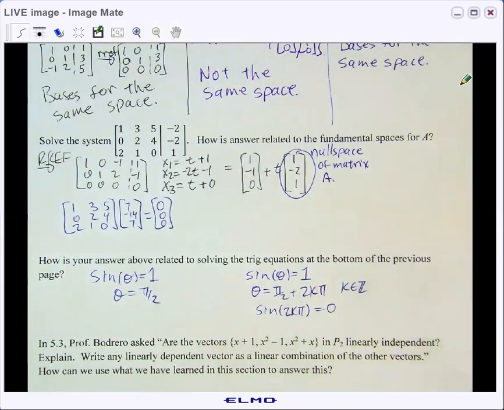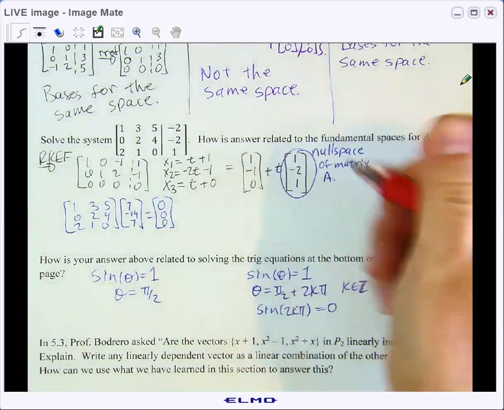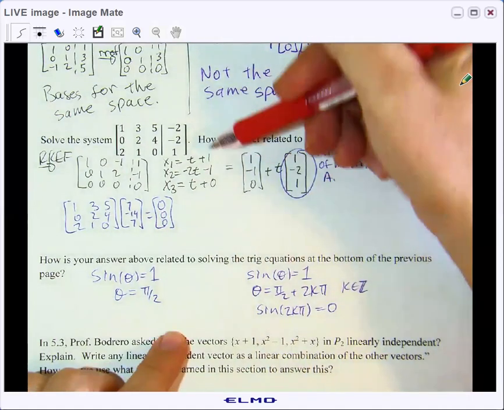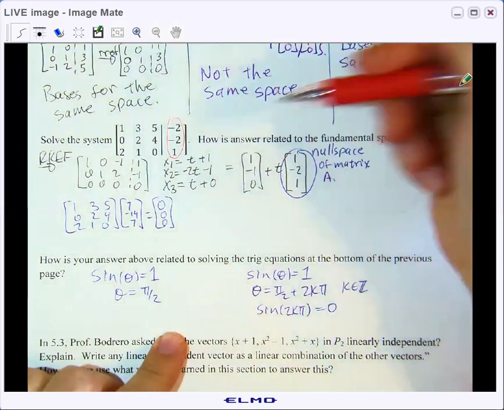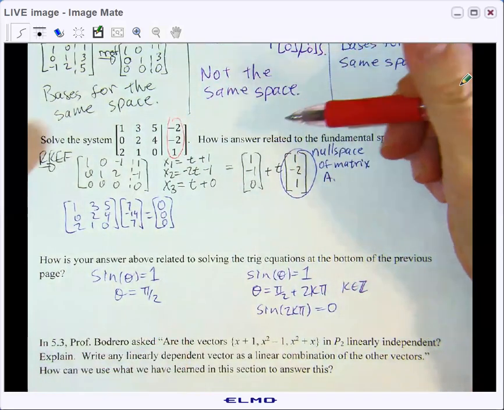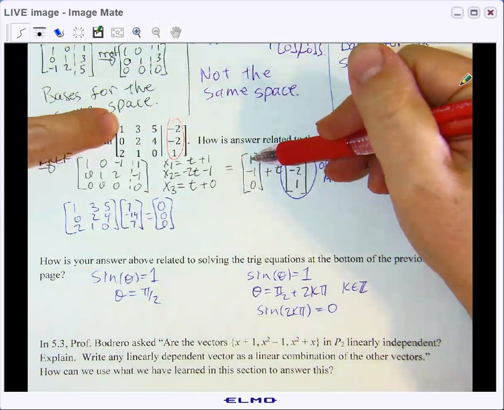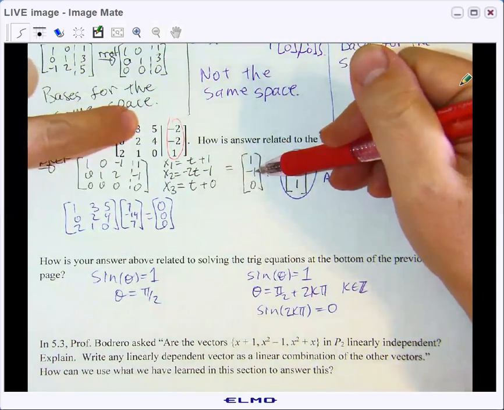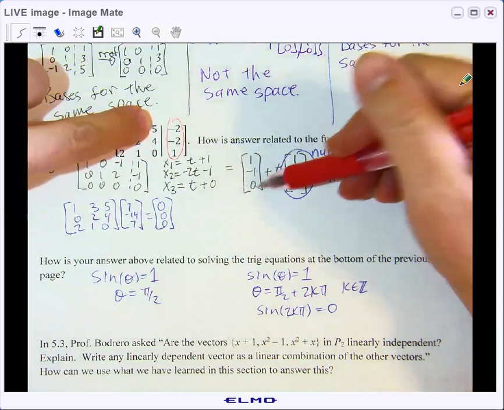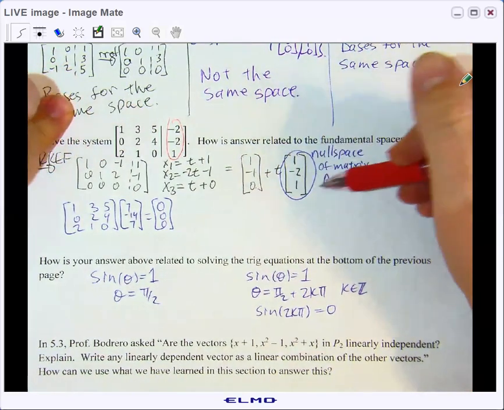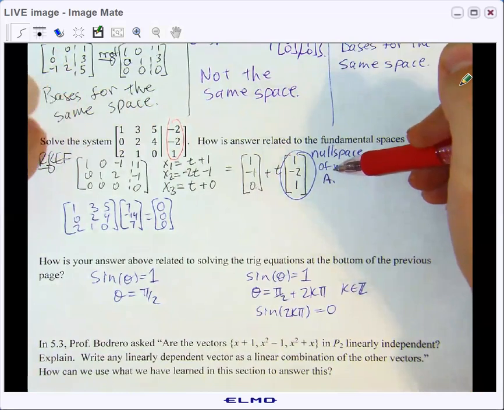So tying it all back together, what does this tell me? It tells me that to make the vector negative 2, negative 2, 1, I would need 1 of the first column plus negative 1 of the second column plus 0 of the third column, plus anything that's in the null space, because it will get sent to 0, the null, by the matrix.